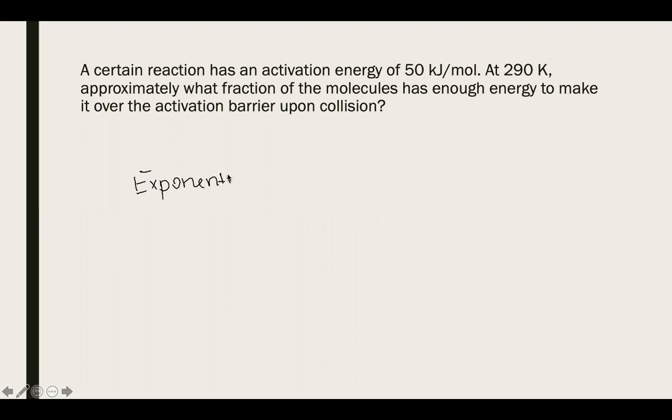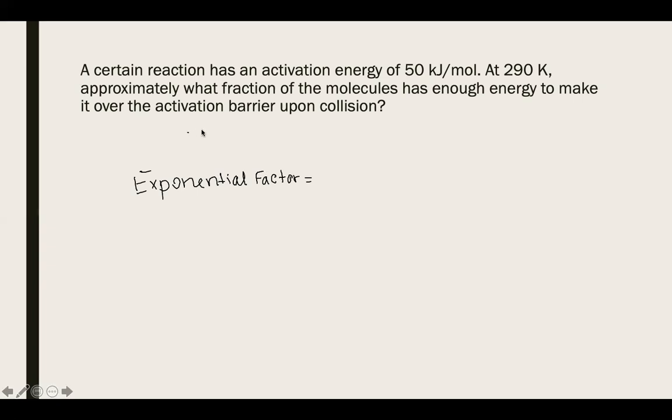This is from the Arrhenius equation, and the exponential factor identifies a number between 0 and 1. That is the likelihood of how many collisions are going to have enough energy to get over the activation barrier, the hump in the graph.